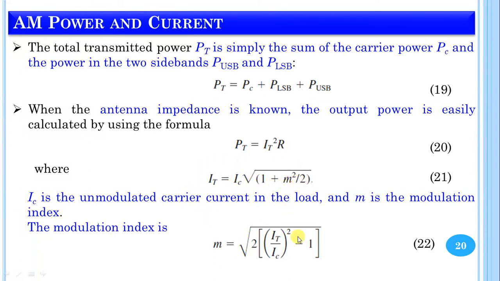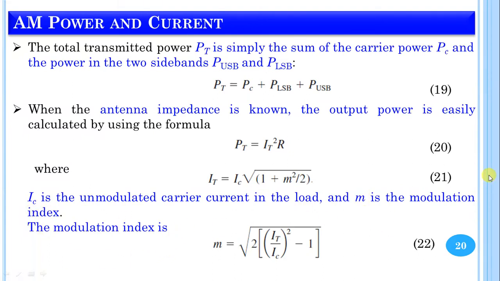So this is another important expression through which we can calculate the total current, where Ic is the unmodulated carrier current in the load and m is the modulation index.